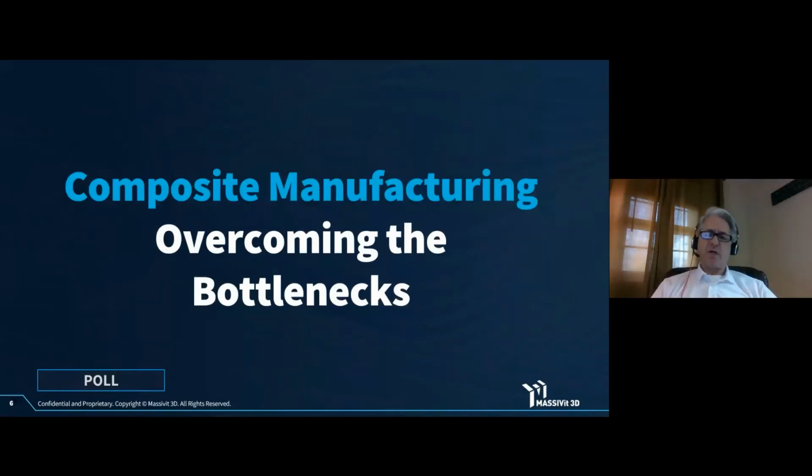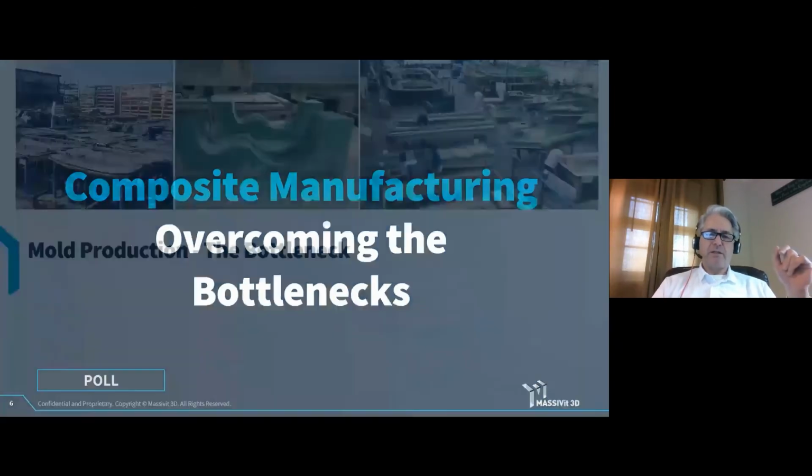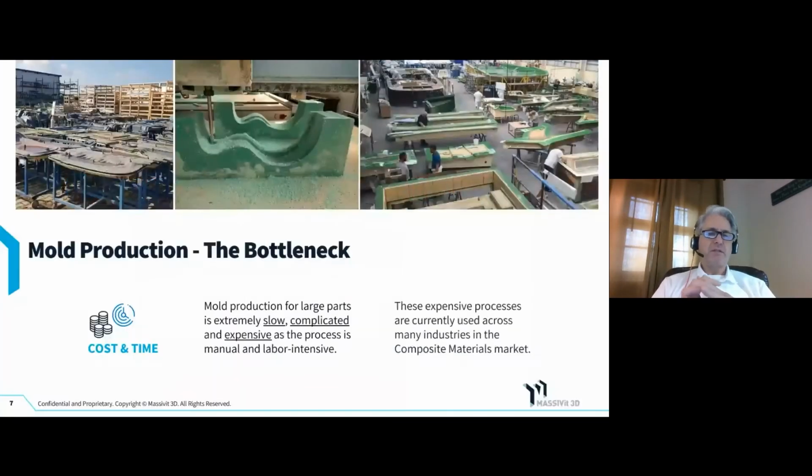Okay, so as we move along, we've got composite manufacturing of molds. So typically, when that happens, here's an example of what we call the modern technology of mold building now, which is basically subtractive manufacturing or CNCing of the master tool, the plug.